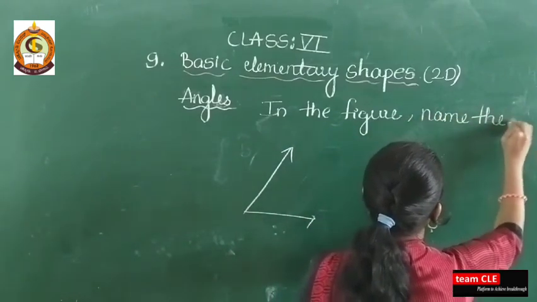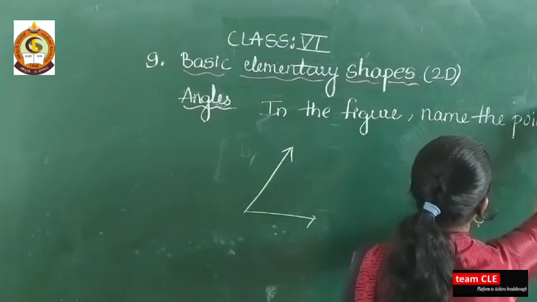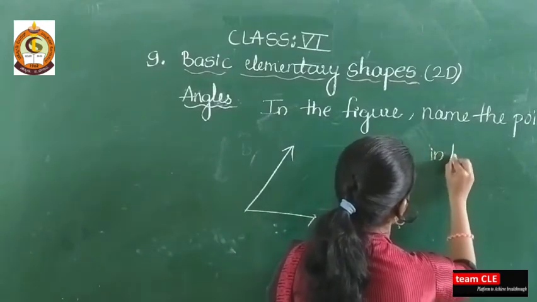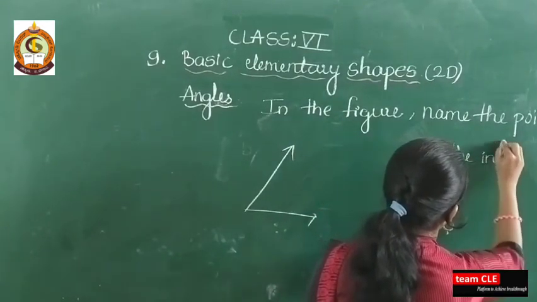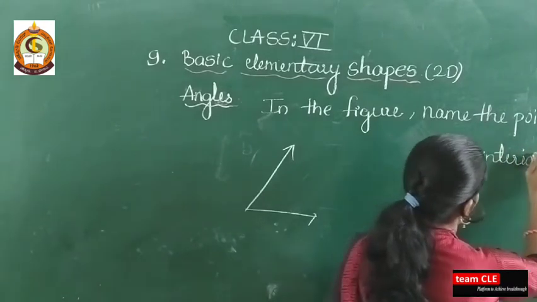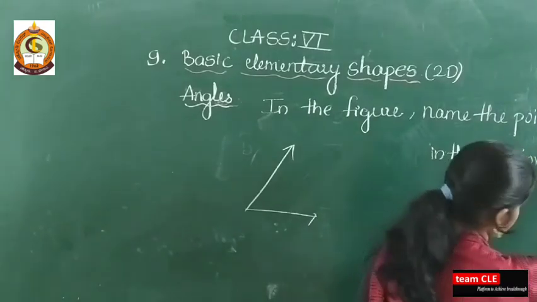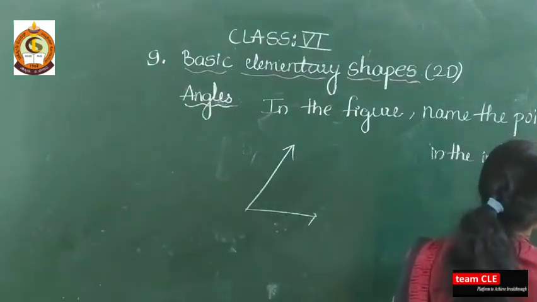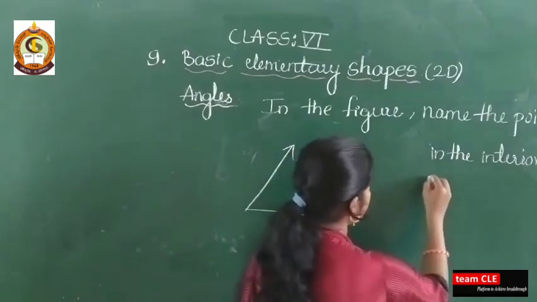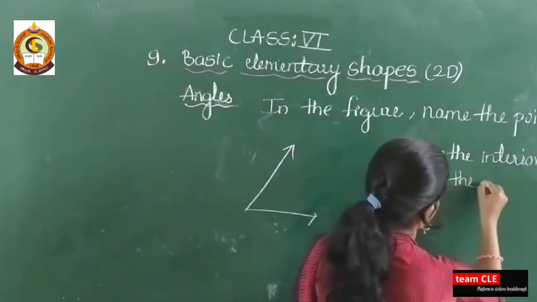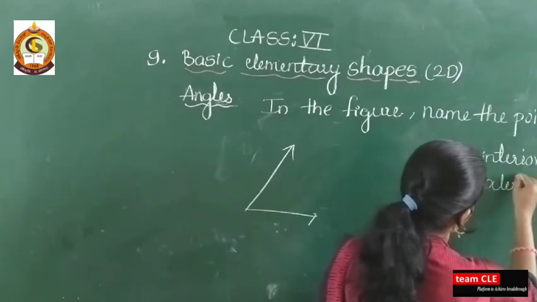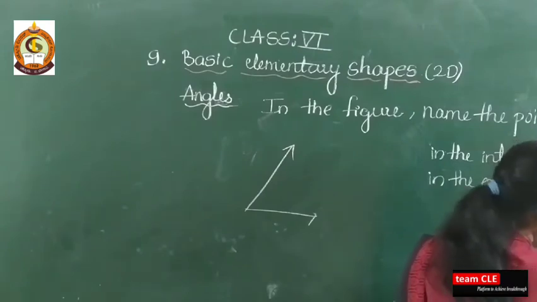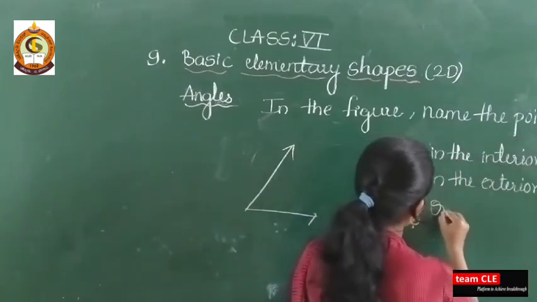The first question is: in the interior of angle ABC. Next, one more question: in the exterior of angle ABC. Next, one more question: on angle ABC.